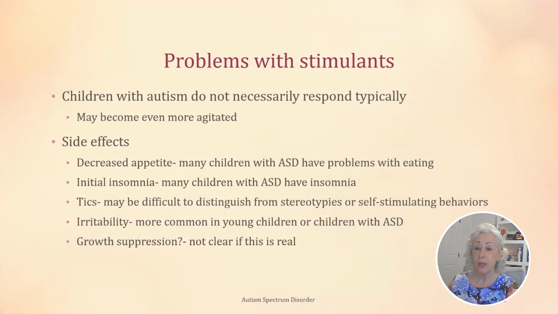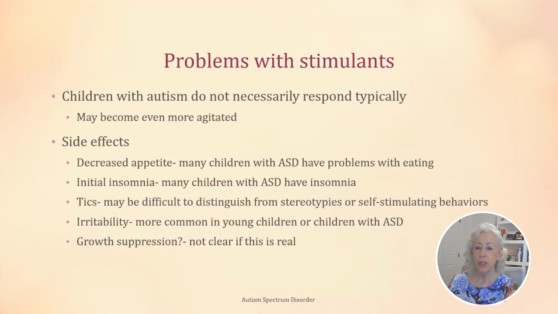Likewise, initial insomnia can be a difficult side effect to handle in children on the autism spectrum, because so many children with autism have difficulty sleeping. Tics can be difficult to distinguish sometimes from stereotypies or self-stimulating behaviors.